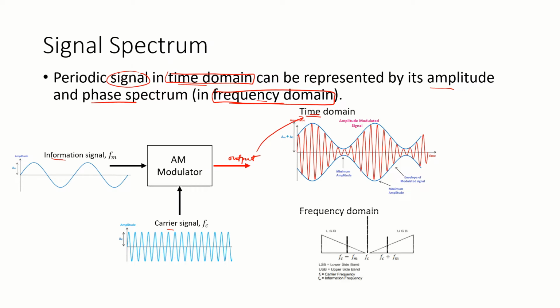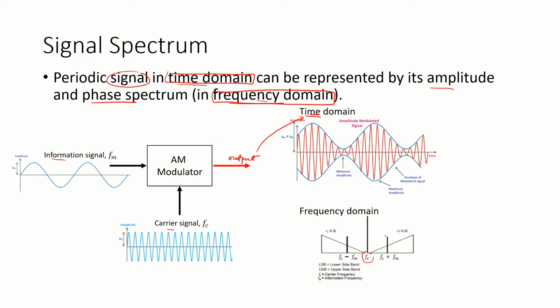We can also represent the output signal in the frequency domain. If it is represented in the frequency domain, it's going to look like this. This is the carrier signal. I will not explain much more on this because you're going to learn it in your third year, but this is the difference between the time domain and the frequency domain.